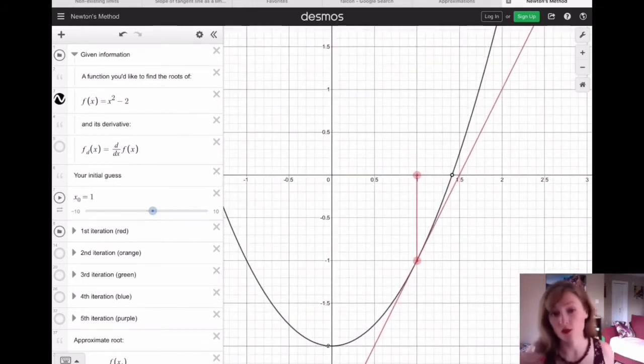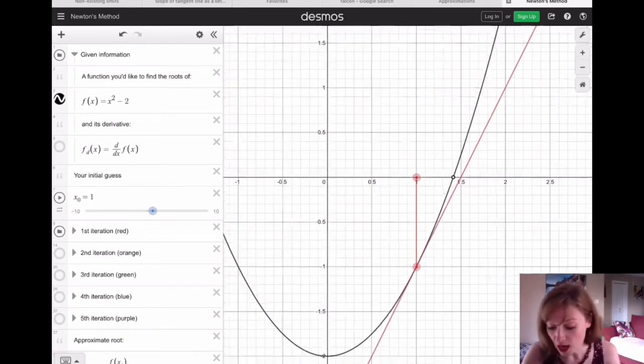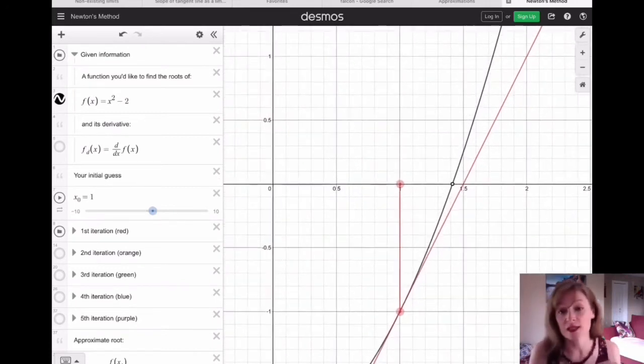So I went up to the function, constructed a tangent line, and then the x-intercept of this line is going to be an approximation of the x-intercept of my function, which in this case is root 2. So you can see how the red line intersecting the x-axis is really close to the function's black curve intersecting the x-axis. And I can repeat this by taking the red line's x-intercept as my next guess.